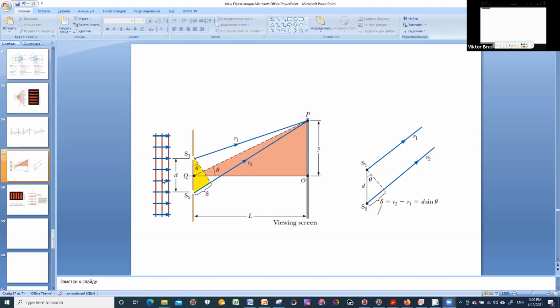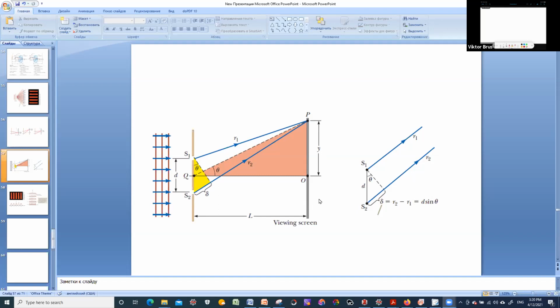So for instance, here we have two slits at the distance d from each other, and at distance L we have the screen. So here is some y coordinate, this position of the point P.